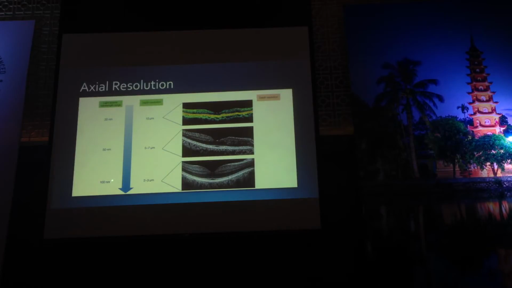If you use the ultra high resolution OCT, the bandwidth is about 100 nanometers, and you get a resolution of 2 to 3 microns, which is much higher than the spectral domain OCT as well. So for time domain OCT, the axial resolution is about 10 microns. Spectral domain OCT is 5 to 7 microns, and ultra high resolution OCT is about 2 microns.